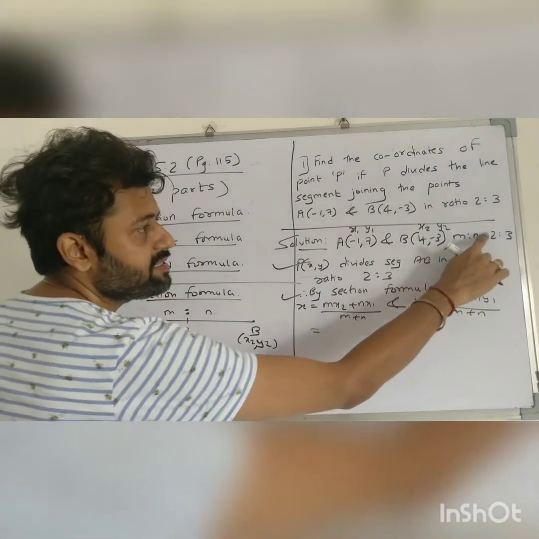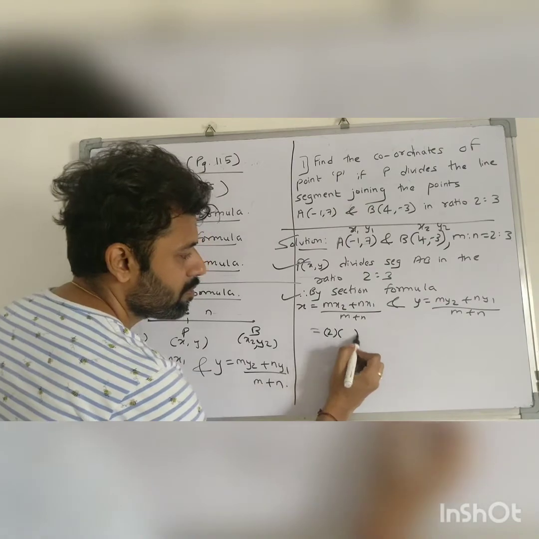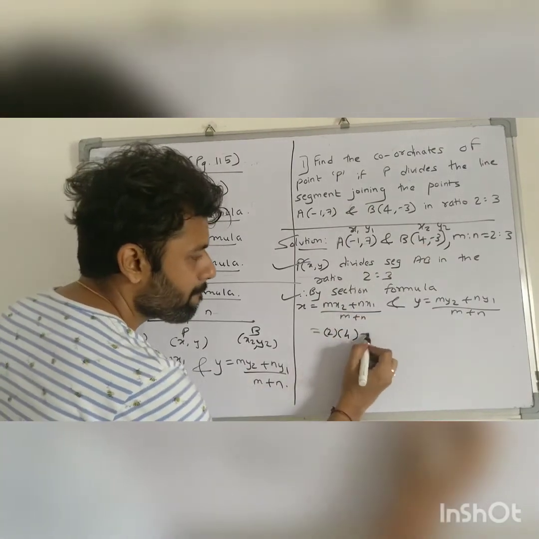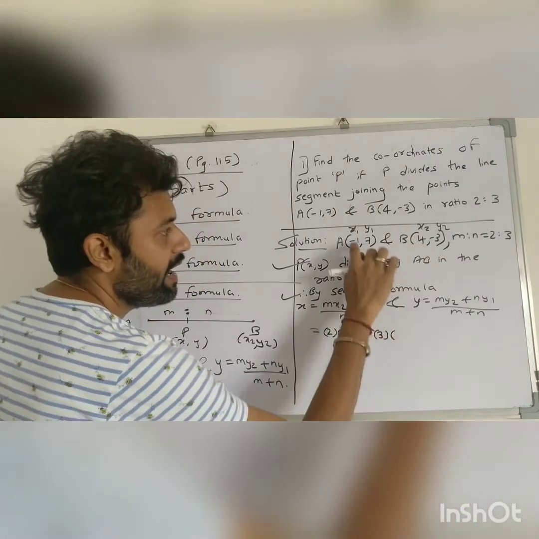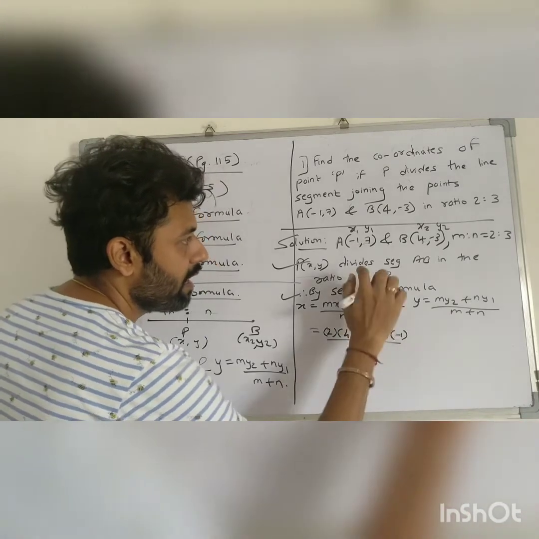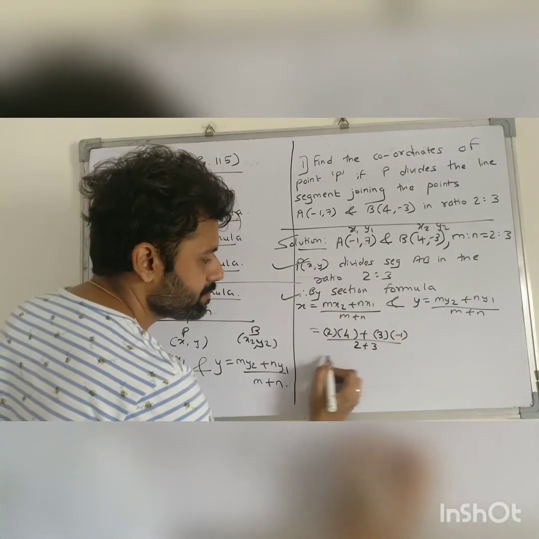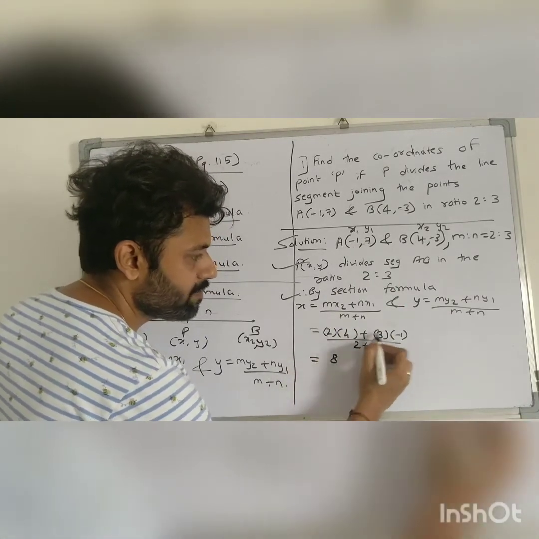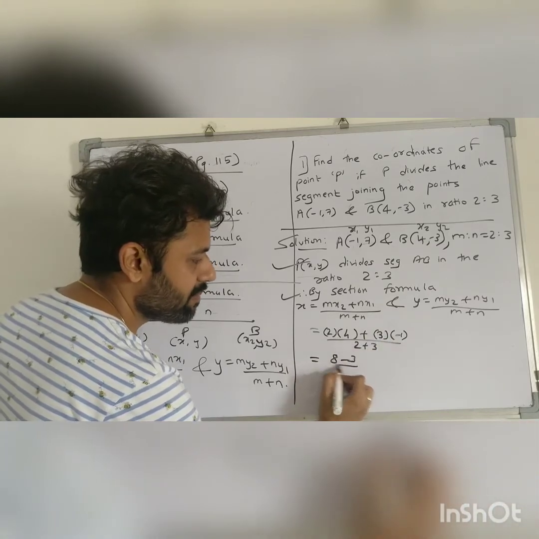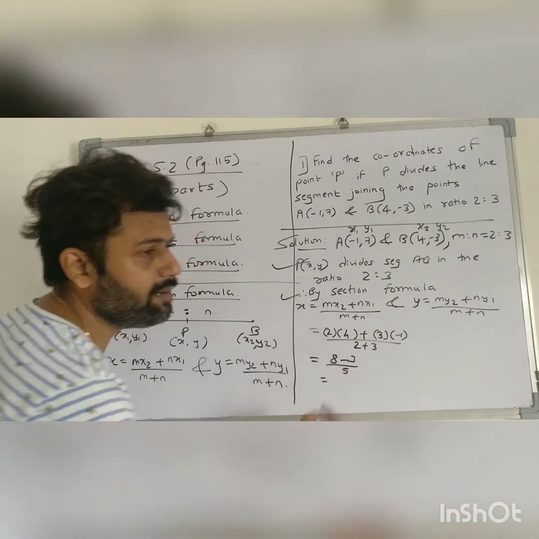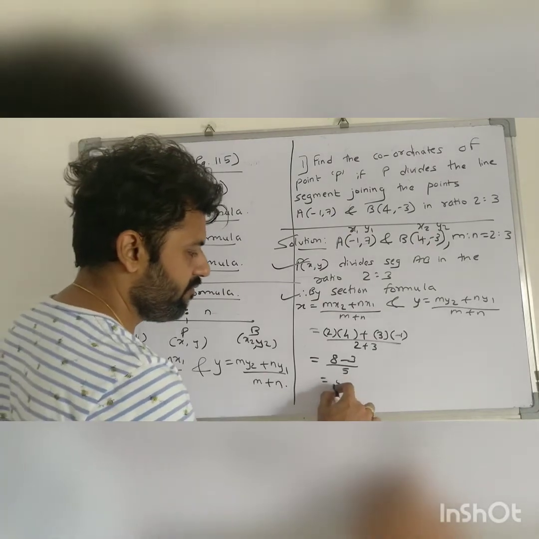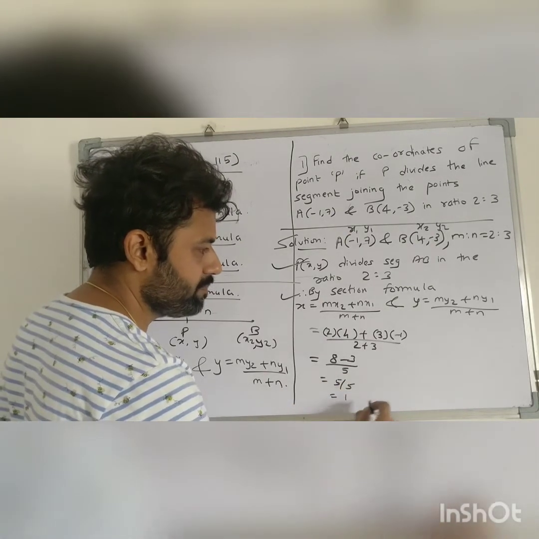Well, here m is 2, x2 is 4, n is 3, x1 is -1 upon m plus n, that is 2 plus 3. 2 fours are 8, 3 ones are 3 upon 5. 8 minus 3 is 5. 5 upon 5 is 1.